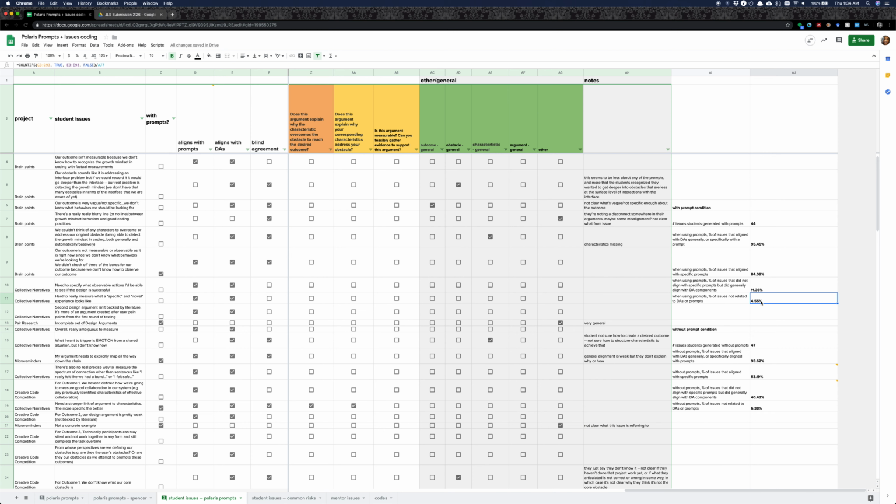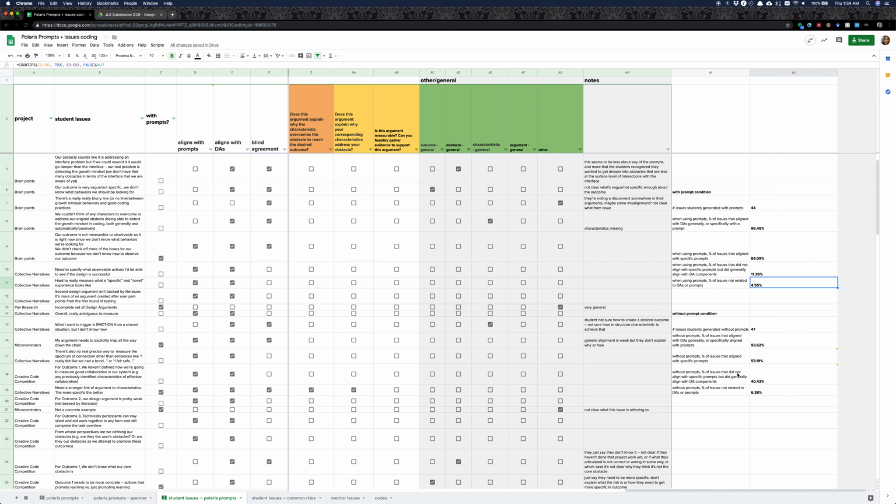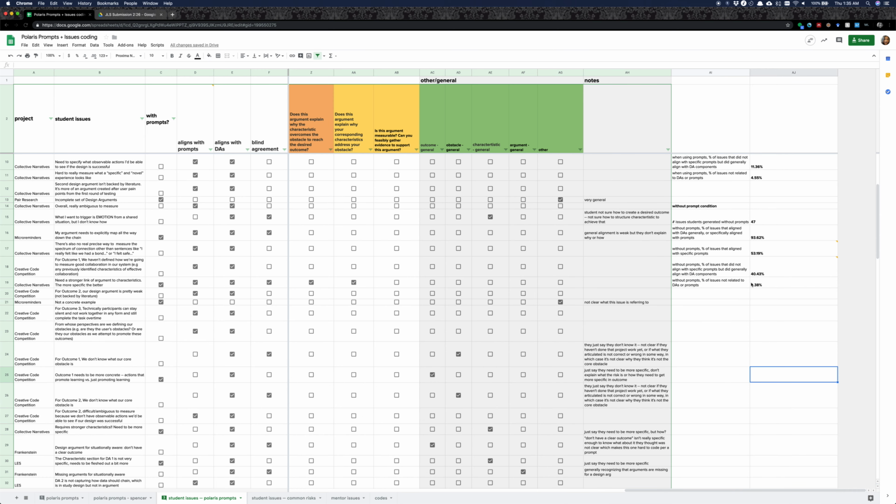What we saw in the condition where students were not using the prompts was that a much more significant proportion of the issues they generated fell into the category of being generally about the outcome, obstacle, characteristic, or argument, but not actually connected to these specific types of prompts or issues. So 40% of the issues that students generated without prompts fell into this general design argument category and were not connected to specific prompts.